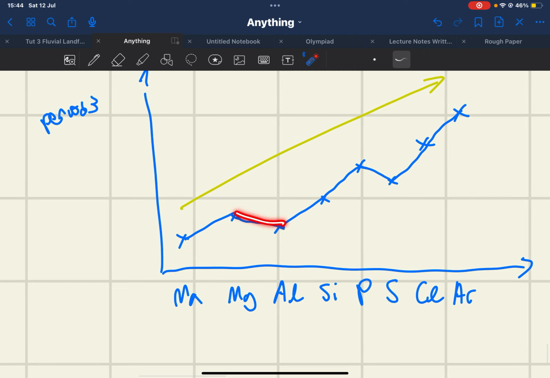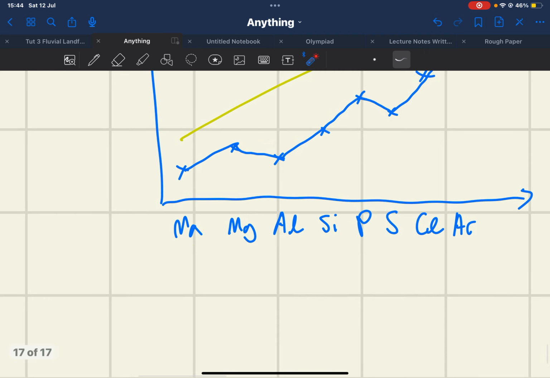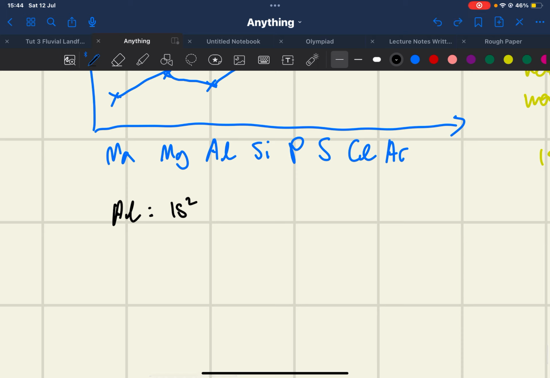But there are some exceptions. I'm going to explain the presence of dippings now. Let's explain aluminium and magnesium. Aluminium's electronic configuration is 1s2, 2s2, 2p6, 3s2, and 3p1. You can practice with me now.